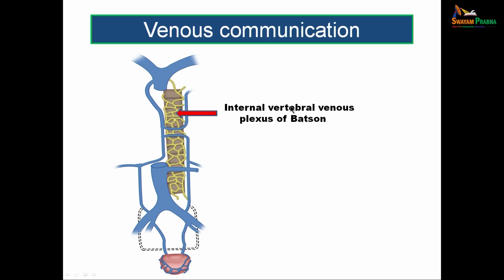These prostatic veins also communicate with internal vertebral venous plexus of Batson through some veins which pass through the lateral sacral foramina. So, whenever there is any carcinoma of prostate, metastasis via the veins can happen through the internal vertebral venous plexus and reach the vertebral column and the skull.